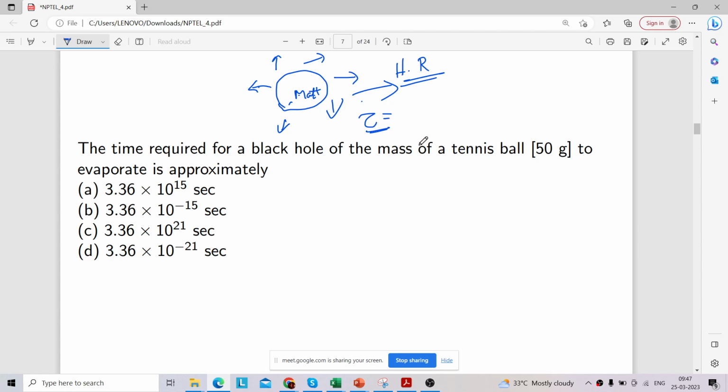So we know power is energy per time. So we can write this as dE over dt. Power is energy per time, and from Einstein's relation we can relate it to mass, like E is mc squared. So in that manner I can write this as c squared dm over dt, where m is the mass of the black hole.